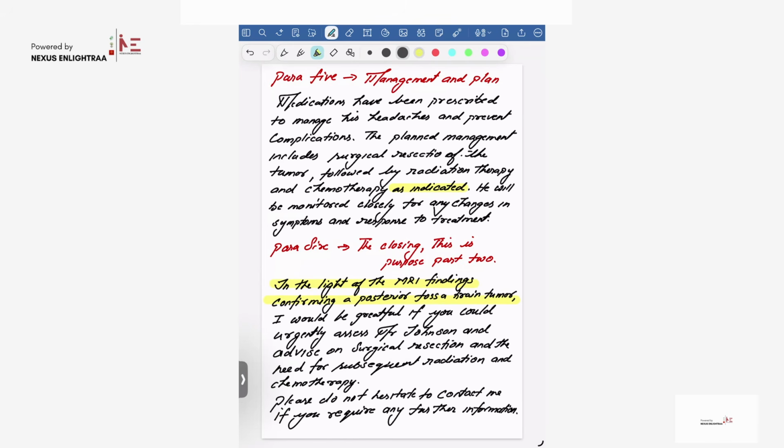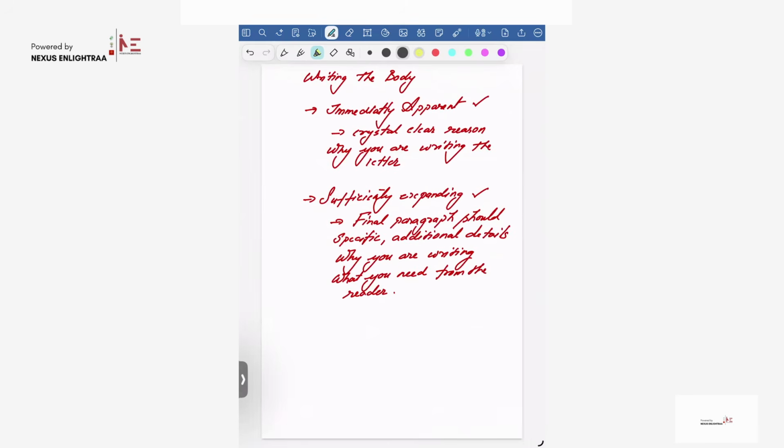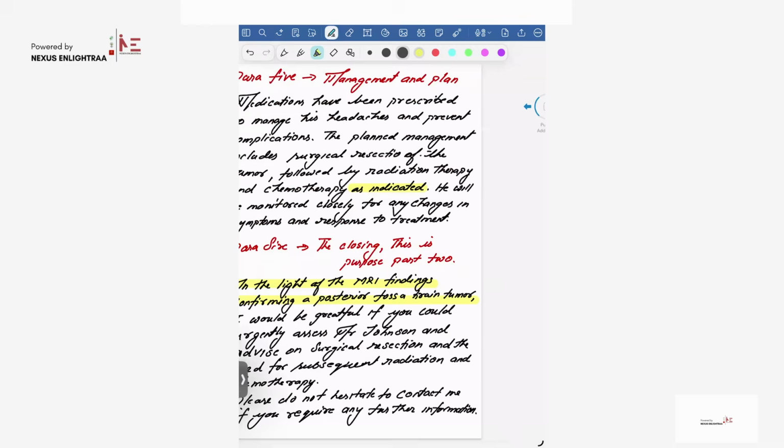But because one of the rules in the OET guidelines mentions very specifically to sufficiently expand, the final paragraph should be giving additional or specific details on why you are writing and what you need from the reader. It is advisable to write it this way.